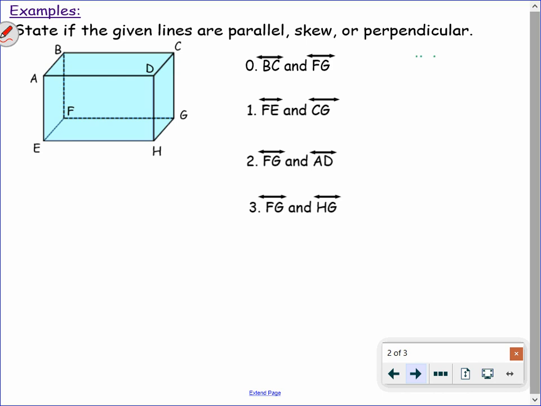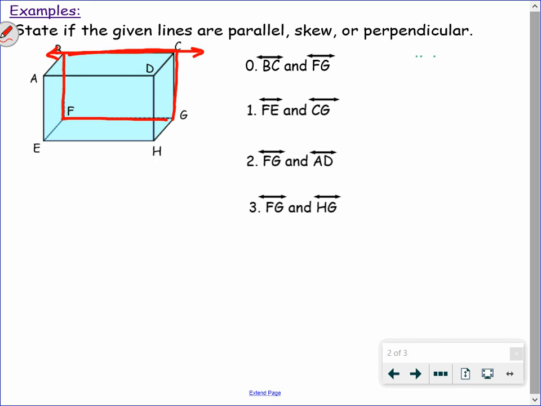So the first example asks for line BC, which has been that line L the whole time, in the front of the room on the ceiling, and line FG. Now you can see, hopefully, that this rectangle right here, BCGF, is the entire front of the room.